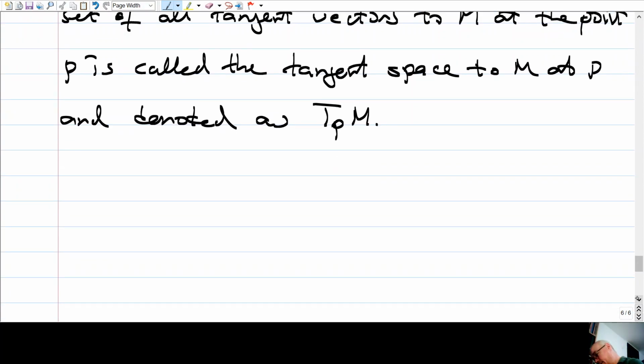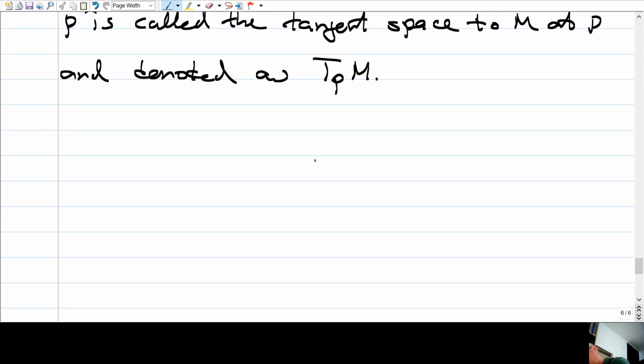So here is pictorially what's going on. Suppose this is the tangent space.